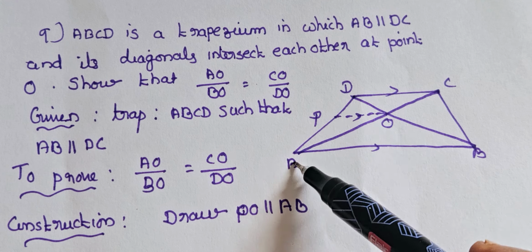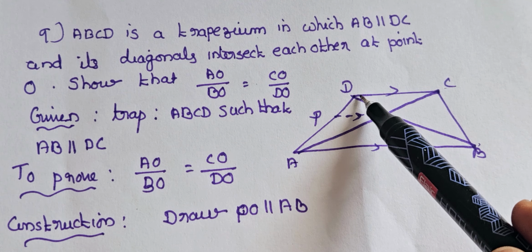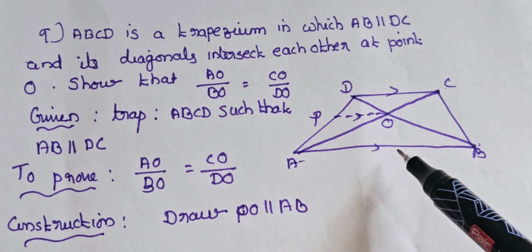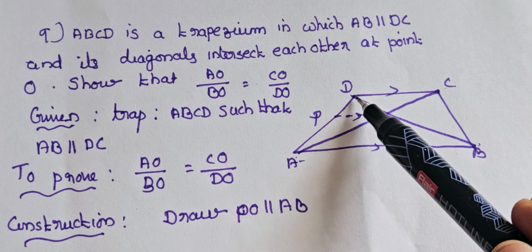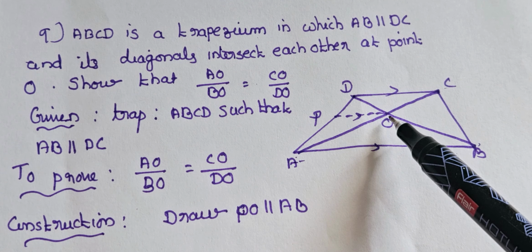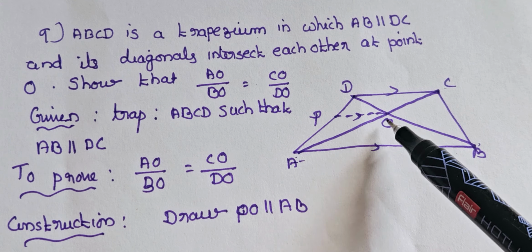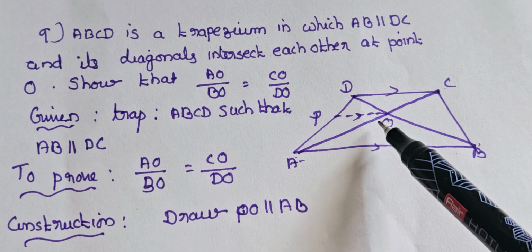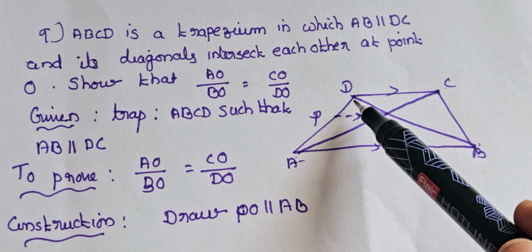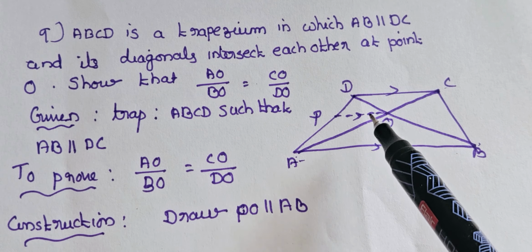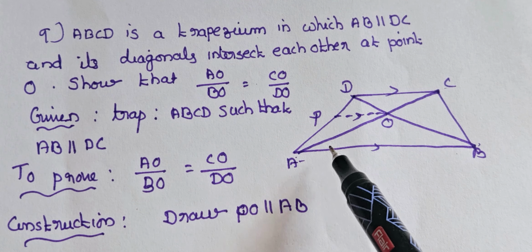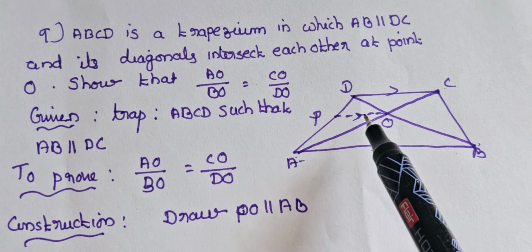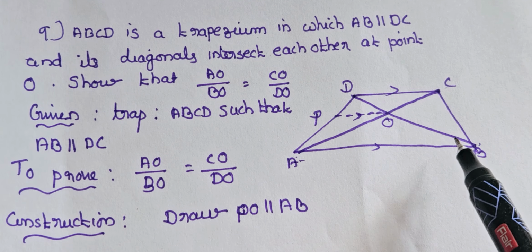That is, we have given a trapezium ABCD in which AB parallel to DC, diagonals AC and BD intersect at O. We have to prove that AO by OB equal to CO by OD. And there is a construction. Through O, draw PO parallel to AB.